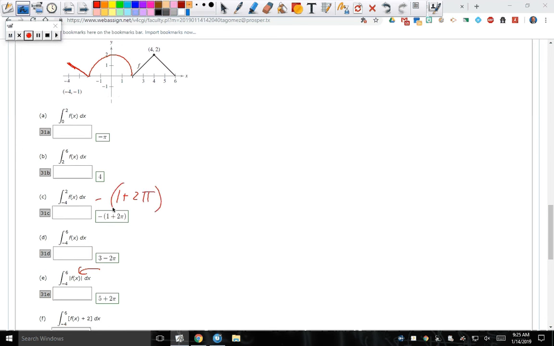Well, now because it's absolute valued, all of this area right here becomes 1 plus 2 pi. So positive, and then you get, what did we say that one was again? I keep forgetting. The triangle right here, what is this? 4. So that's how you would get this 5 plus 2 pi. Are we good?